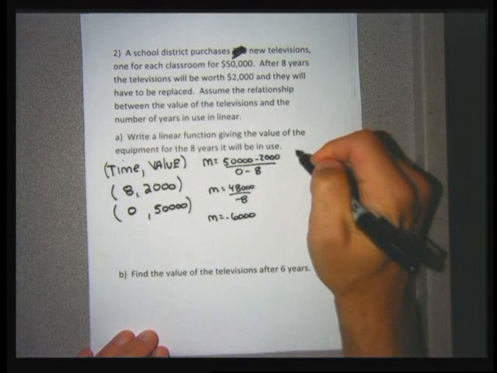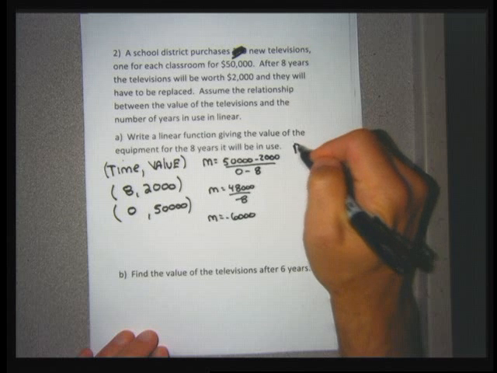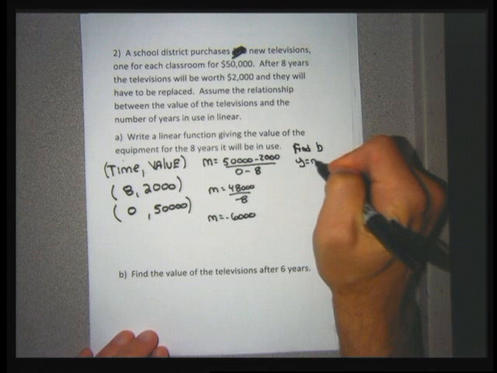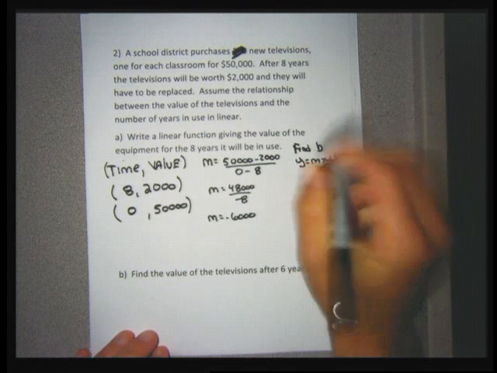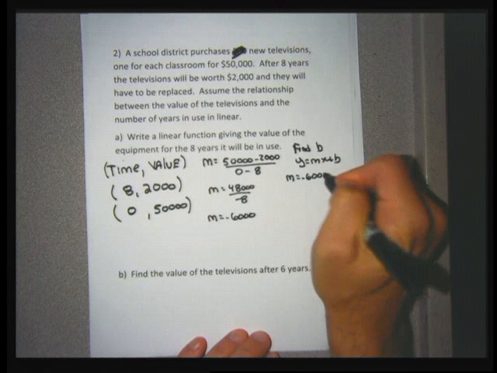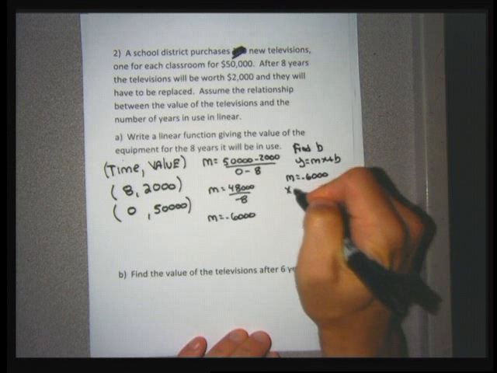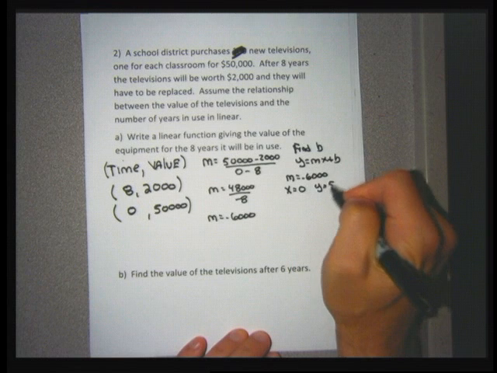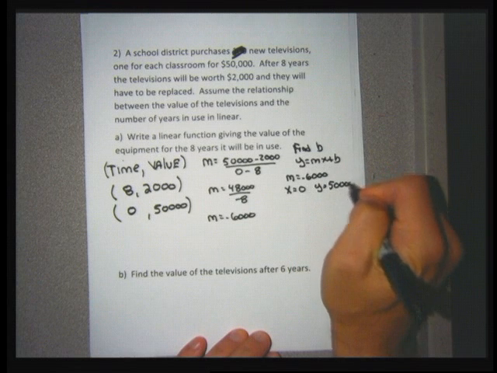Once I find an m, I need to find a b. I'm going to use the equation y equals mx plus b, with m equal to negative 6,000. I could use either point, but the second point, because of the 0, is going to be a lot easier to use. I'm going to use x equal to 0, y equal to 50,000.